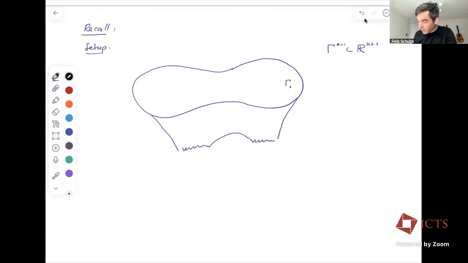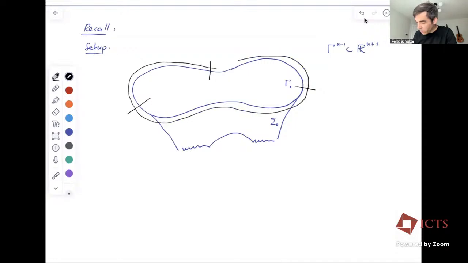Now this attains its boundary data smoothly, so we can think of the normal bundle here. So here's the minimizer, sigma 0. This is the normal bundle to sigma 0 restricted to gamma 0 on the boundary. This is one-dimensional. Now we can think of doing a monotone, or just equidistant, perturbation of the boundary data in direction of this normal bundle, for example.